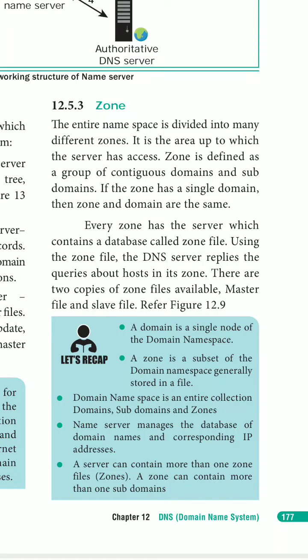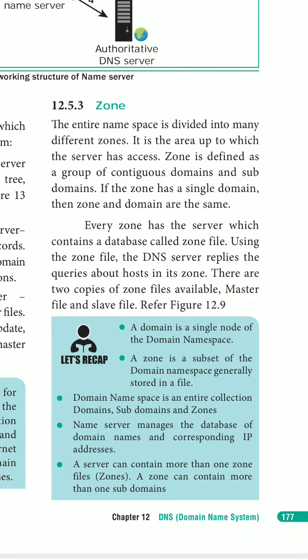Say, for example, if you want a stationery item, it will show local suppliers like Camlin and Dawn. So these are all local suppliers. It will not show the suppliers of an American country first. So this zone helps you find the domain or the location where the domain exists.